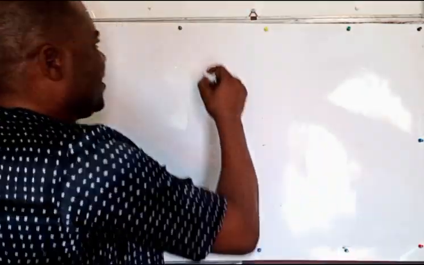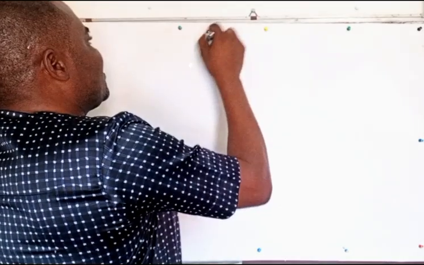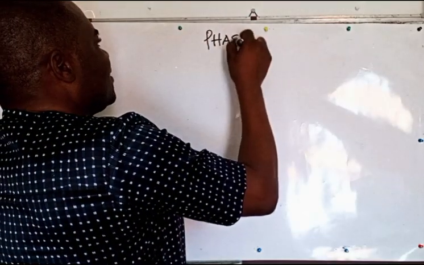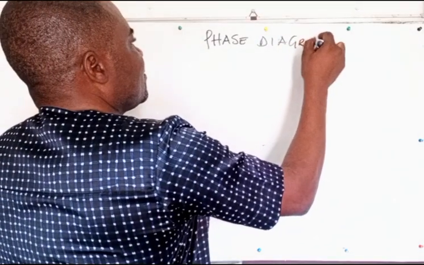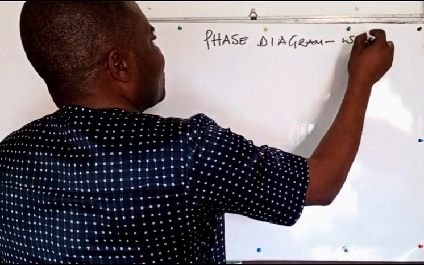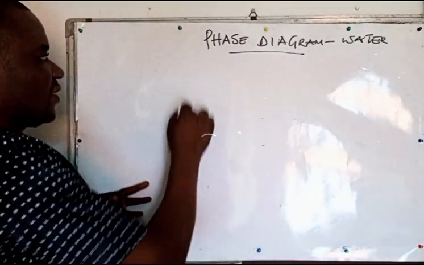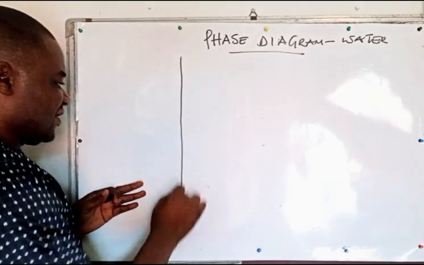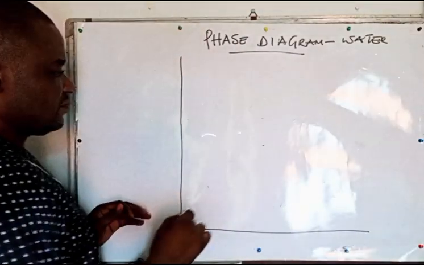Now, when we talk about the phase diagram of water, this is how it looks. This is a typical drawing of the phase diagram.